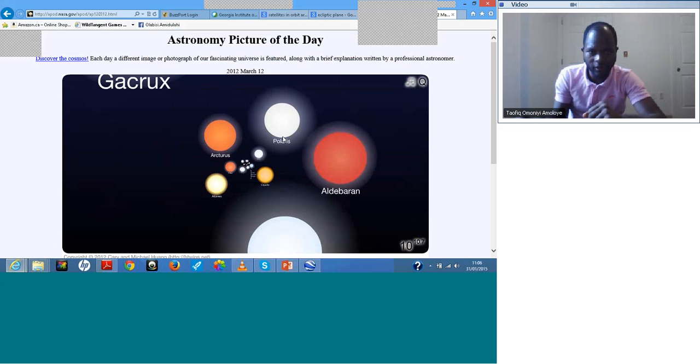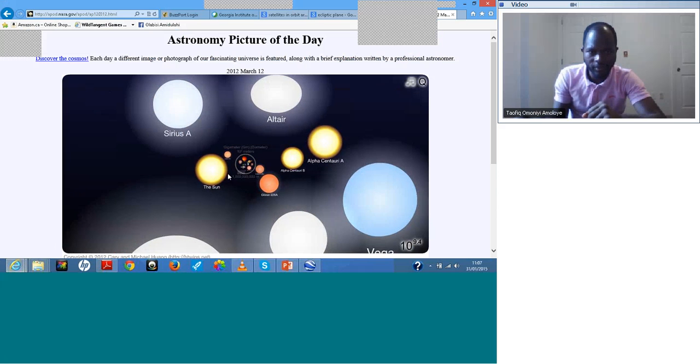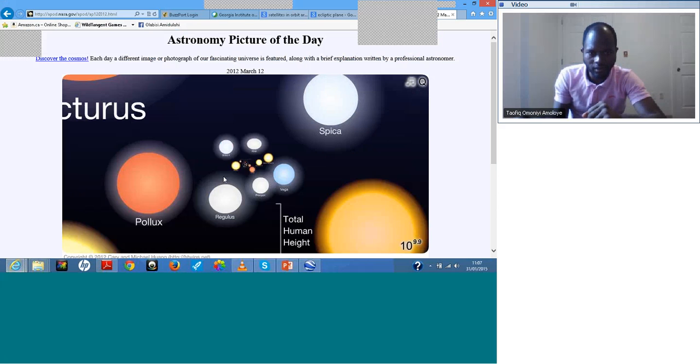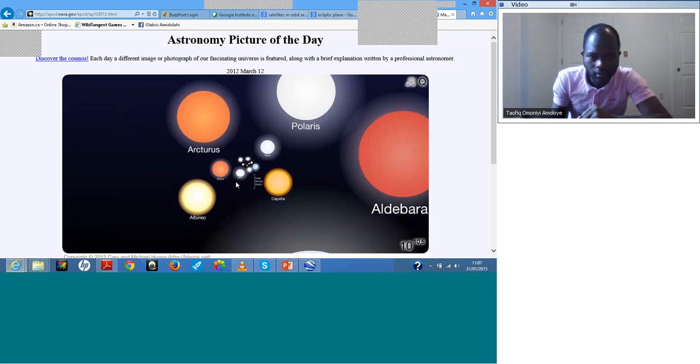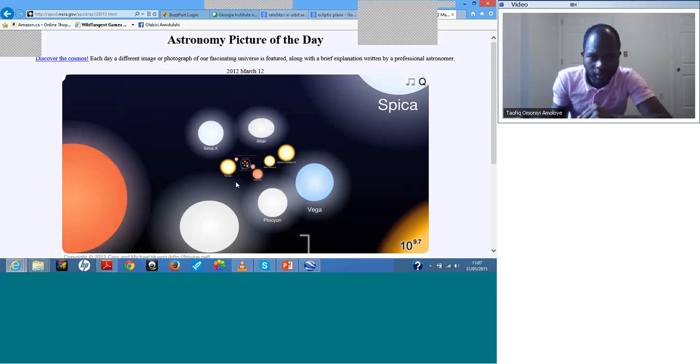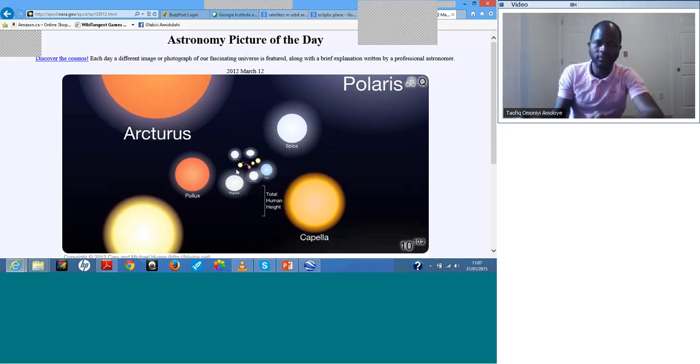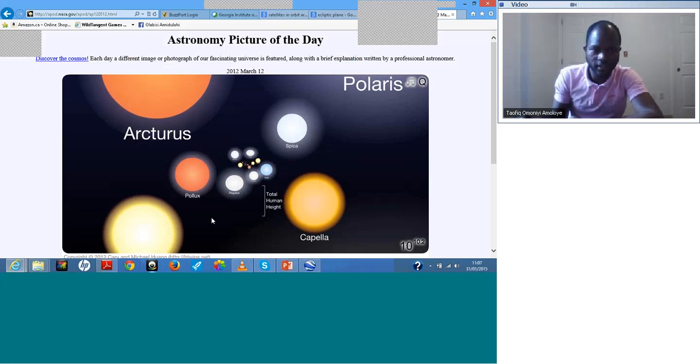Look at how big it is compared to the sun. So that's the sun. Yeah, this is Regulus, this one. Look at how big it is relative to the sun. So that's the Regulus we are talking about here.